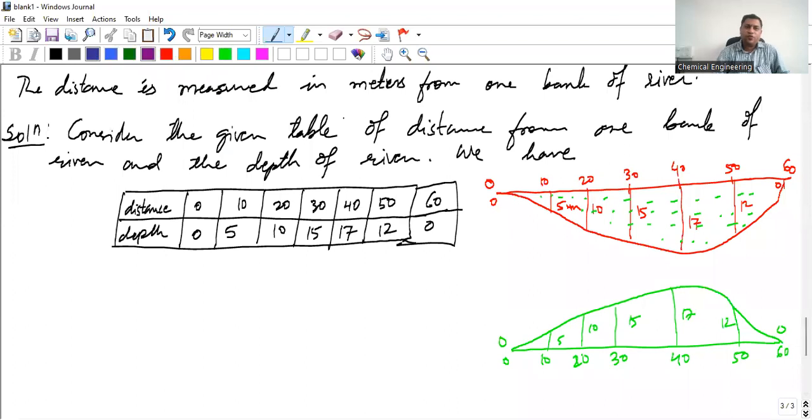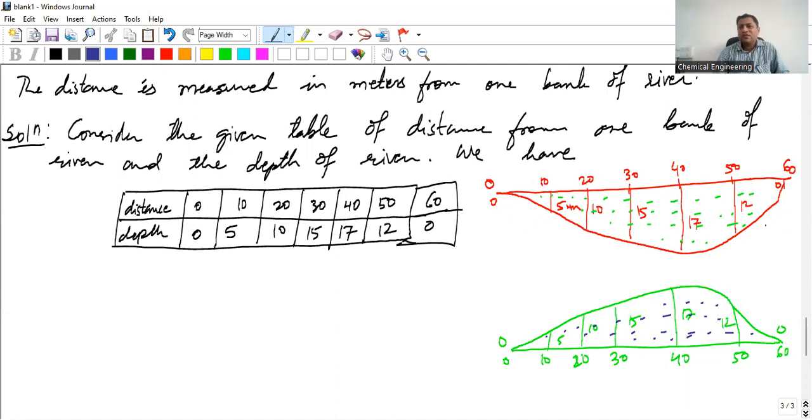Now we have to find this area. This is the actual problem, and this is the mathematical model. Now we want to find the area.